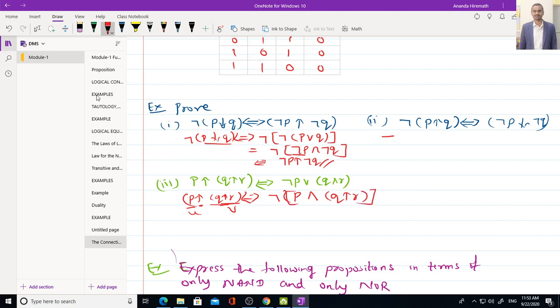Now what we can do is write this negation of P as it is, then let us solve this Q NAND R, which means not (Q and R).